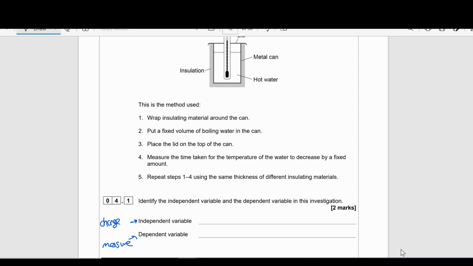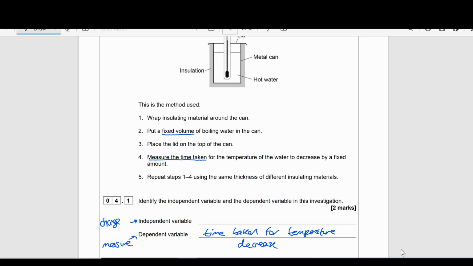So let's look at some of these words. Fixed volume. That's not going to change. That's our control variable. Measure the time taken. So measuring is going to be our dependent variable: the time taken for the temperature to decrease.